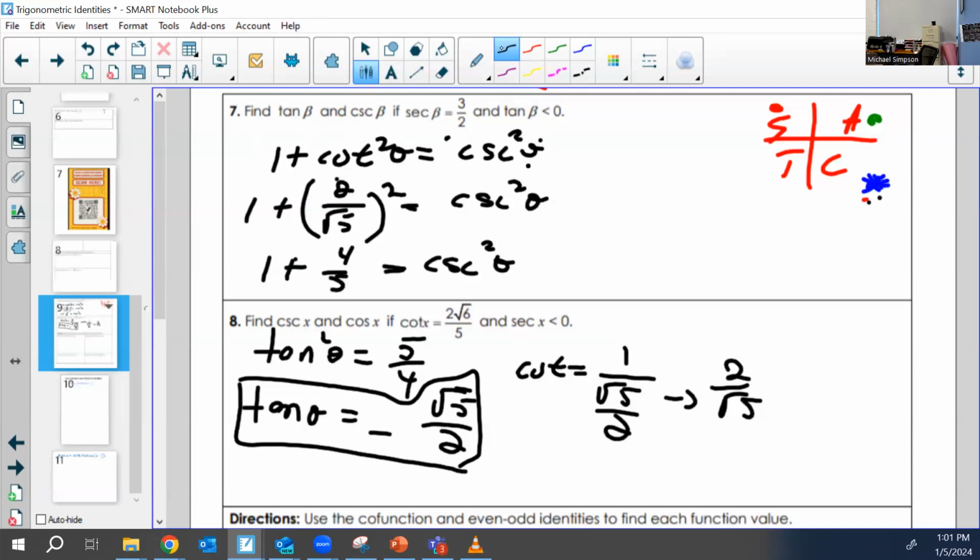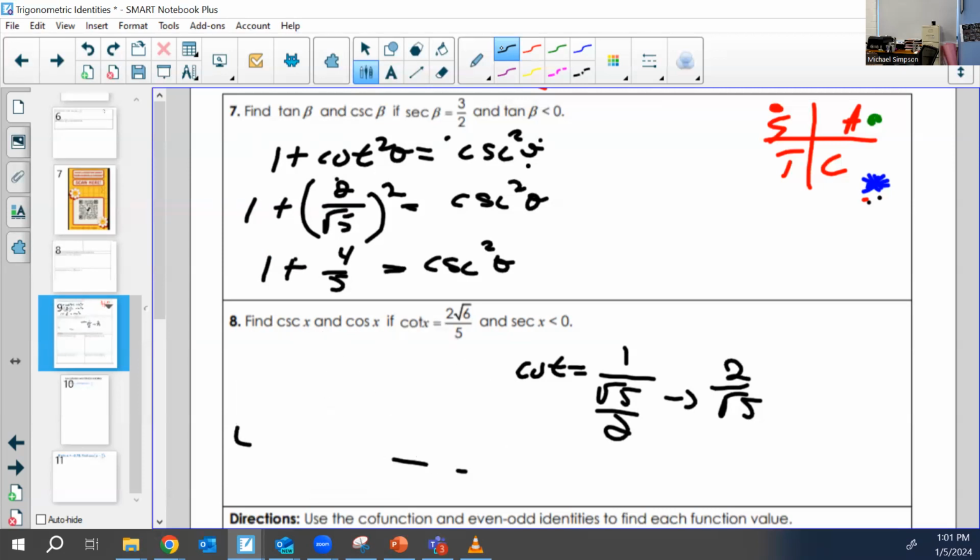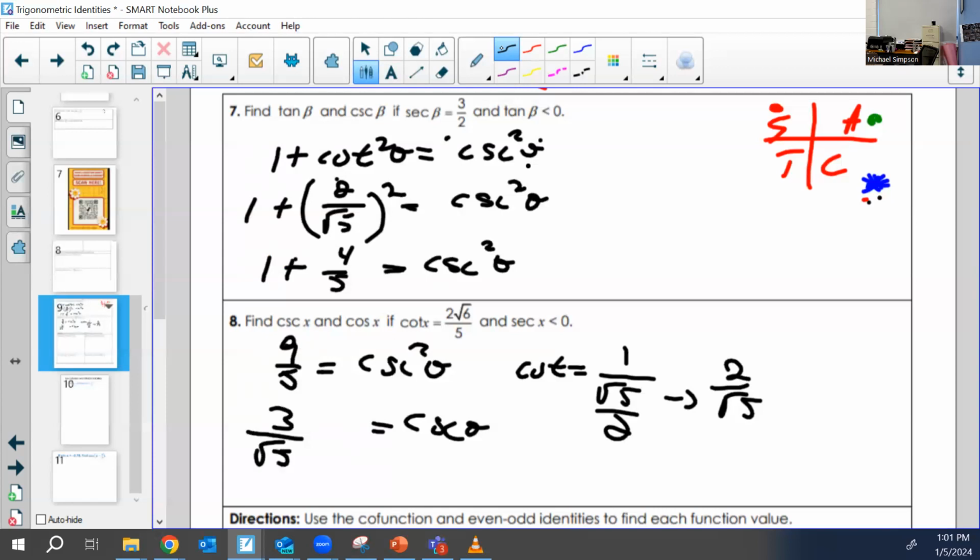So 9 over 5 is equal to cosecant squared theta. Then I need a square root now. So cosecant theta is going to equal the square root of this. Square root of 9 is 3. Square root of 5 is, don't know. And it's plus or minus.